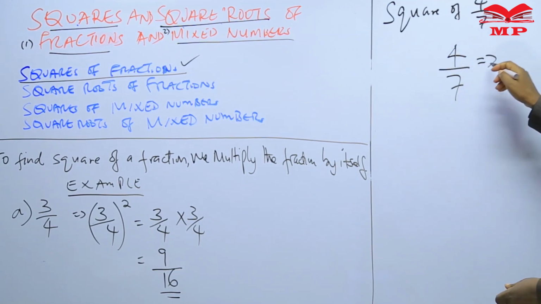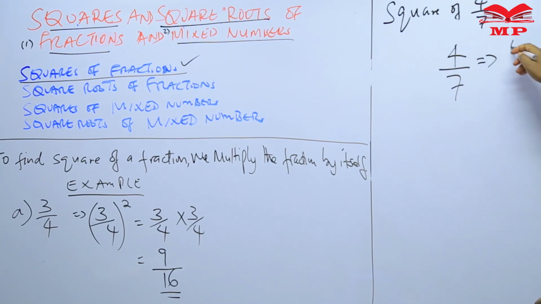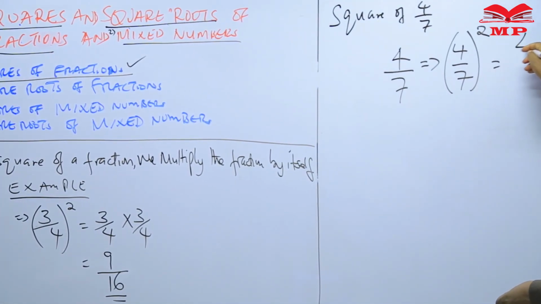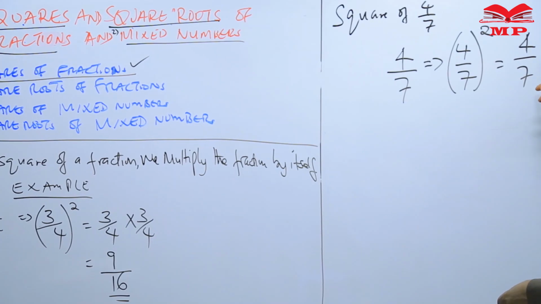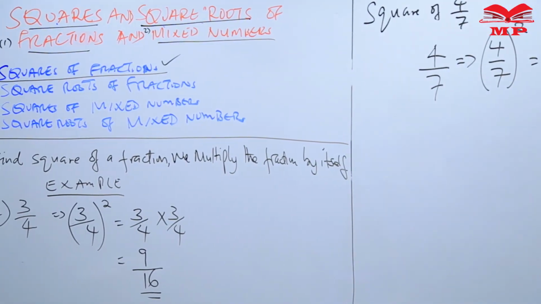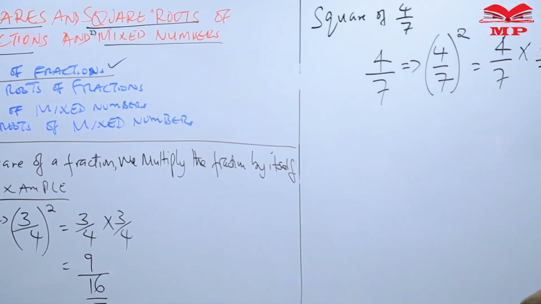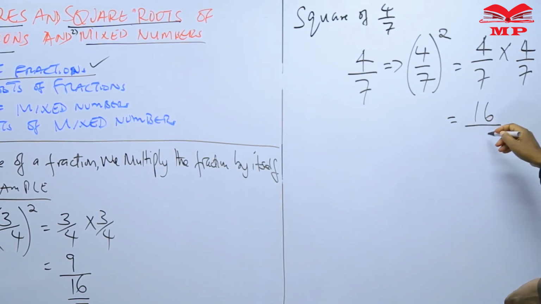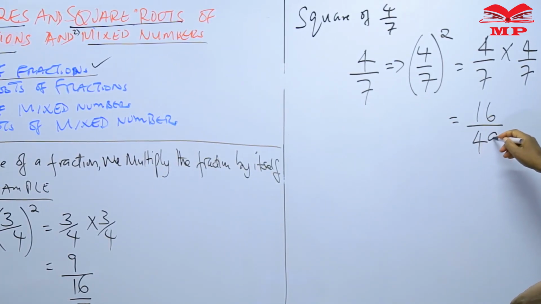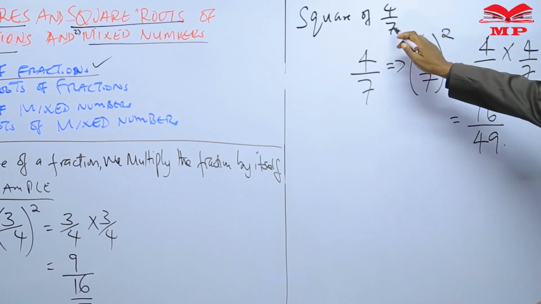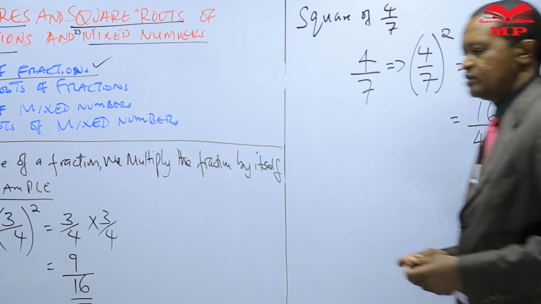The square is 4 over 7 raised to 2, which is equal to 4 over 7 times 4 over 7. We multiply the fraction by itself, which will give us 16 over 49. 16 over 49 is the square of 4 over 7.